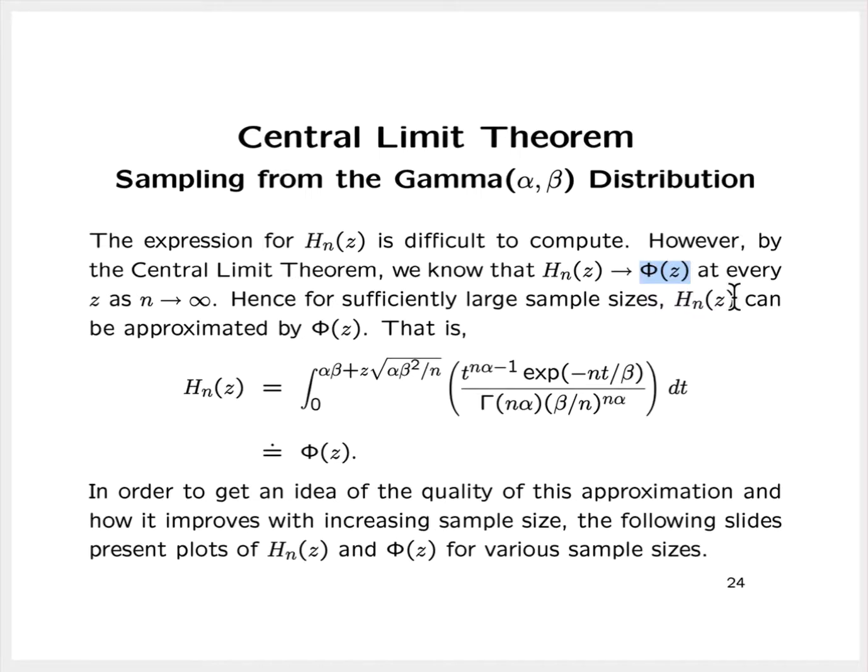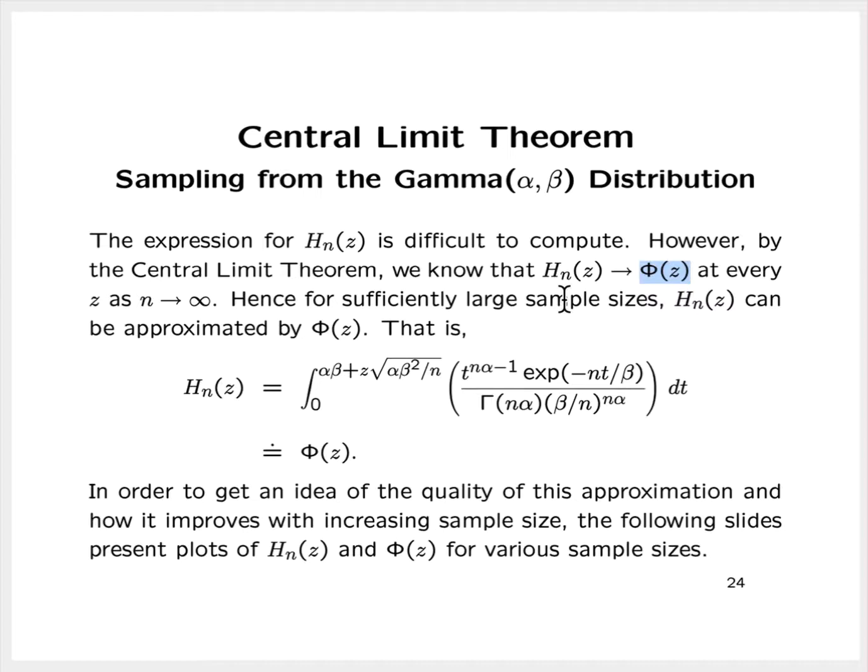What that means graphically is that if we consider a sequence of graphs of H sub n as a function of z, then as the sample size increases, the graph of H sub n is going to look more and more like the CDF of a standard normal random variable.